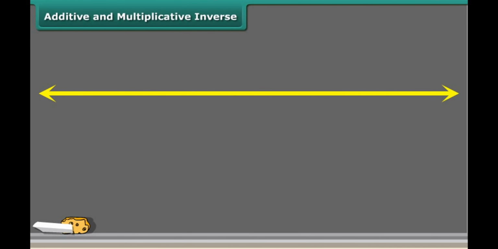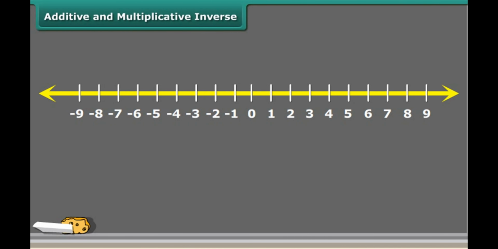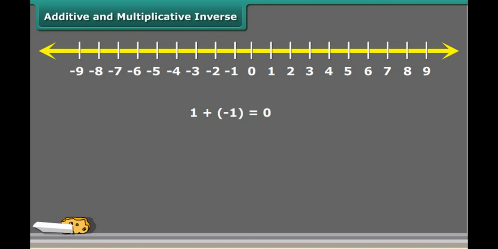You may have come across negative numbers while studying, isn't it? Is -1 the negative of 1? Yes, it is because 1 plus -1 is equal to 0. So we say that -1 is the negative or additive inverse of 1.